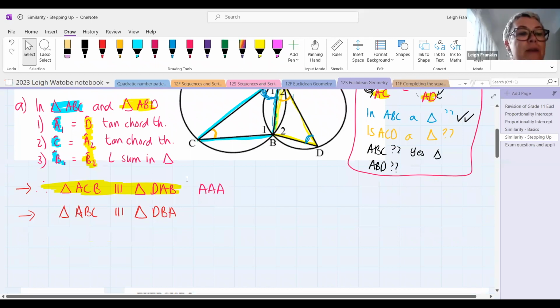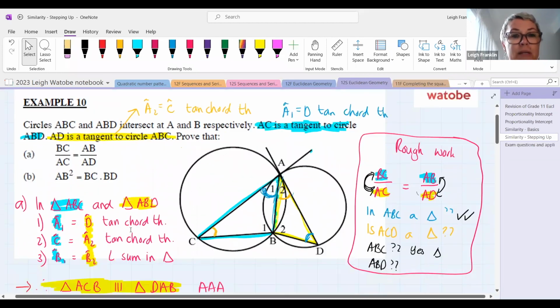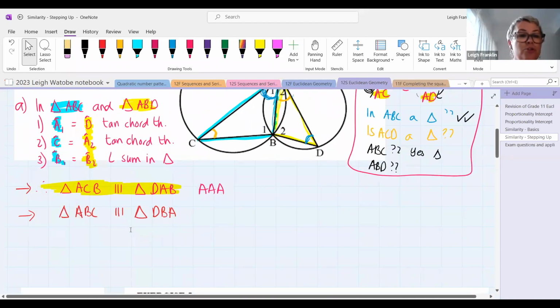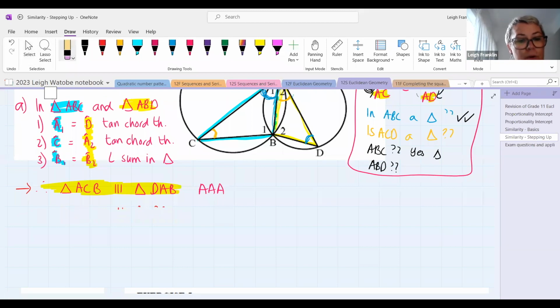All right, so now the next part, in order to answer the next question, which is AB squared equals BC times BD, we would never be able to do that if we did not have our order correct. So let's have a look here. First and last over first and last. So for B, we're going to do this.